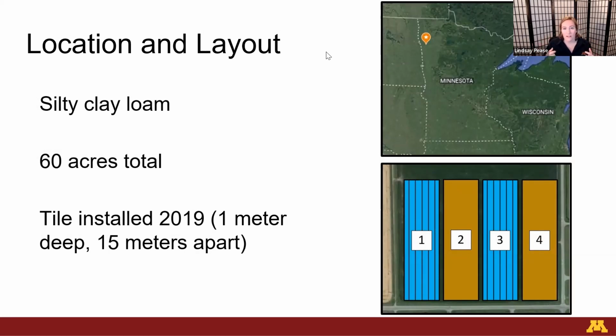This is all one field, and we're farming it all the same too. This is one of the farms owned by the Northwest Research and Outreach Center where I work. So I actually get to interact with the guys that are farming it every year, and they can give me feedback on how this is working for them.